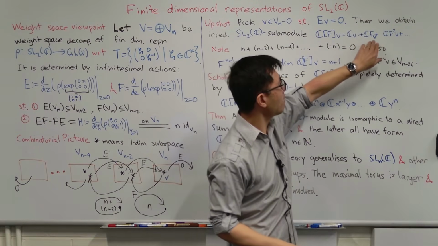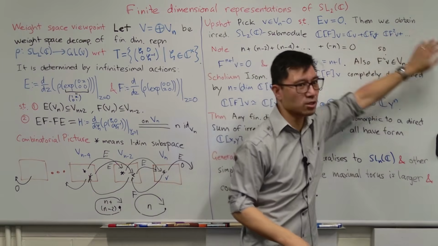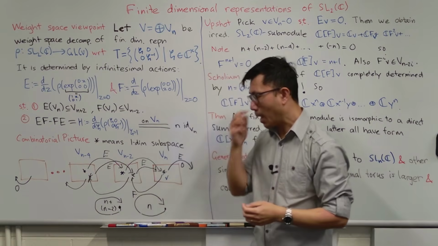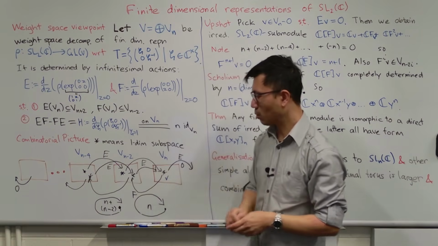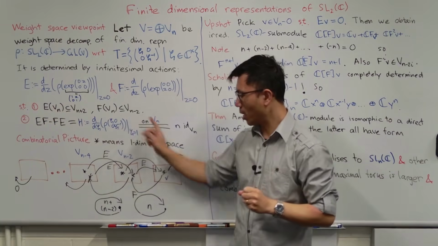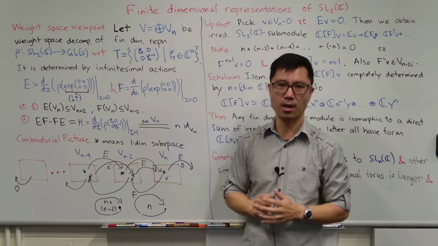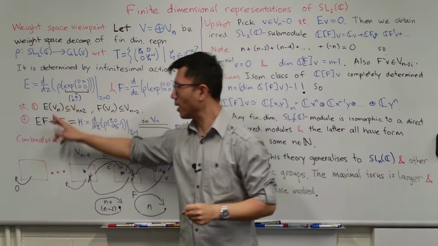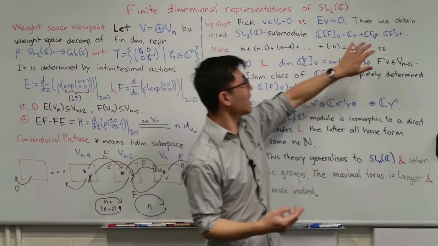If you let F act on fv, you get f squared v, and so forth. So you know the action of F. And how does the action of E work? Well, the action of E is completely given by this formula here. So that's completely described what E does.